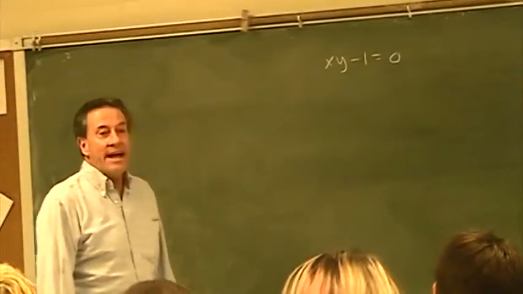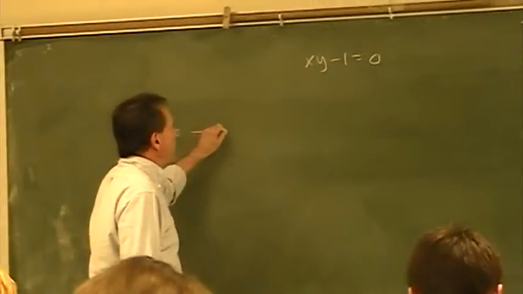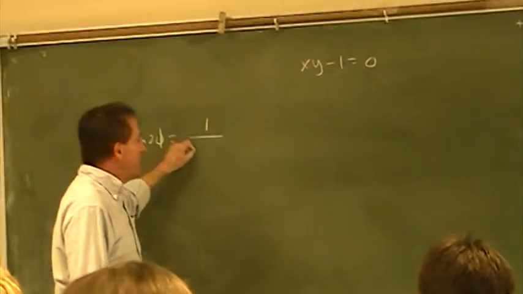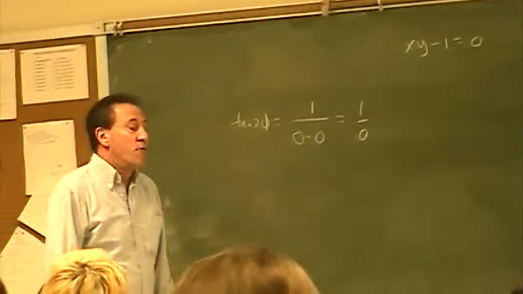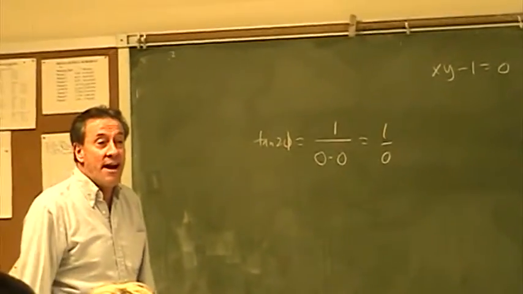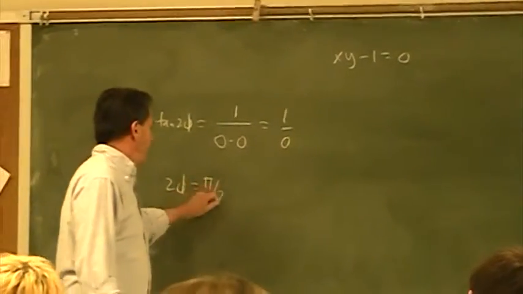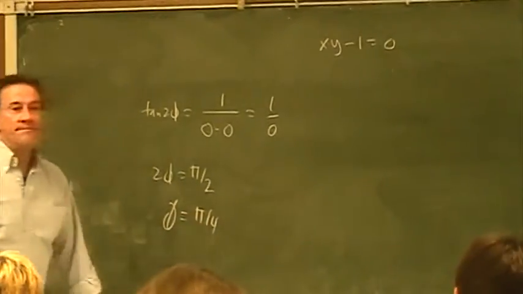So, what is A? What's B? What's A? What's 1 over 0? Really? No, it's undefined. Where's tangent undefined? So what's the angle of rotation?